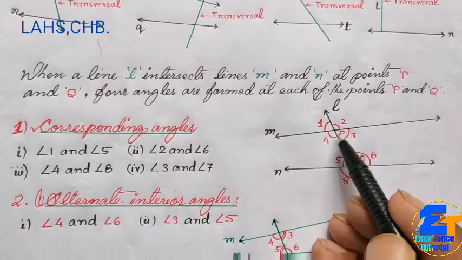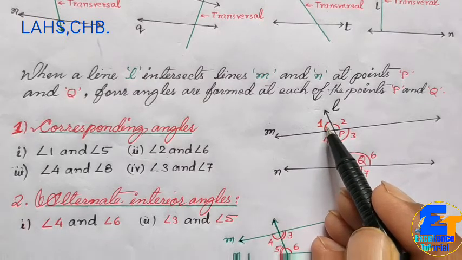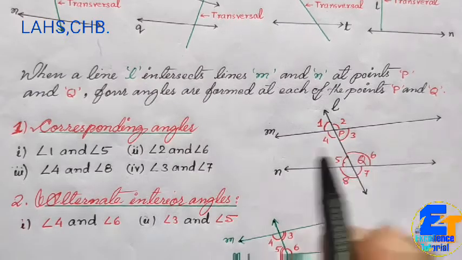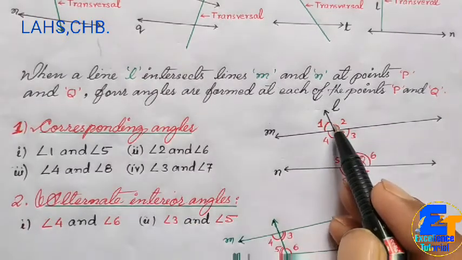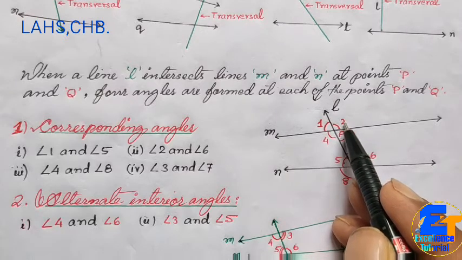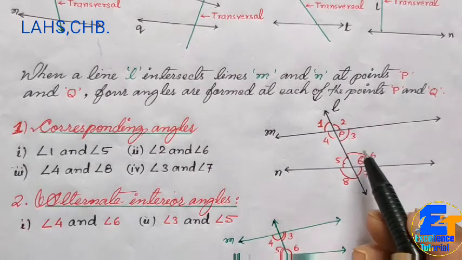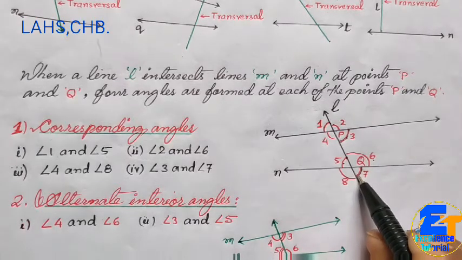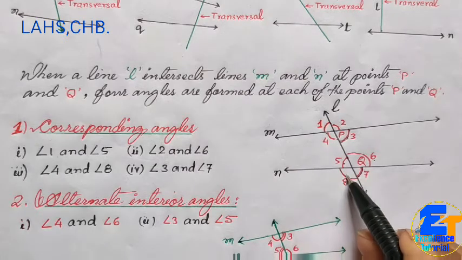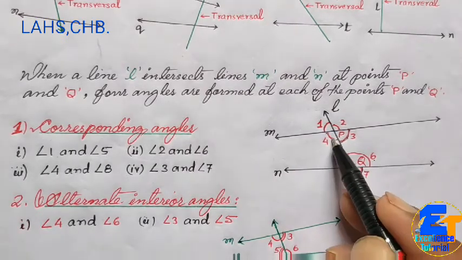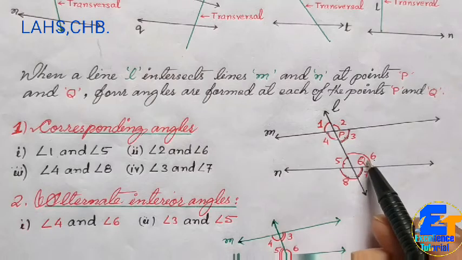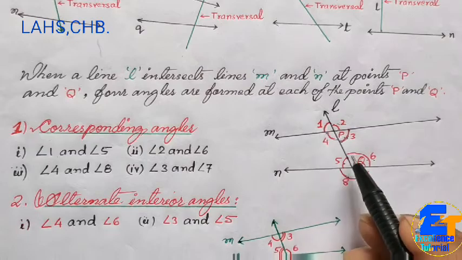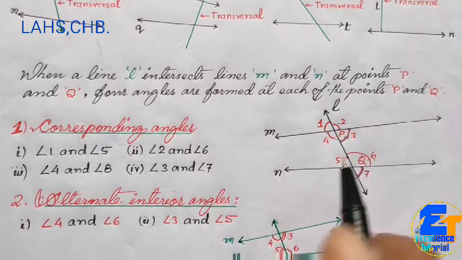If you are taking angle 1 at point P, its corresponding angle is angle 5. Angle 1 and angle 5 are corresponding angles. For angle 2, the corresponding angle is angle 6; for angle 3, angle 7; for angle 4, angle 8. These pairs of angles are corresponding angles.